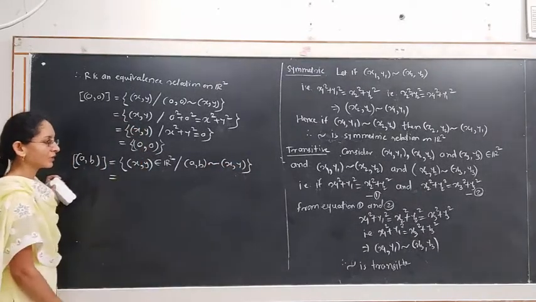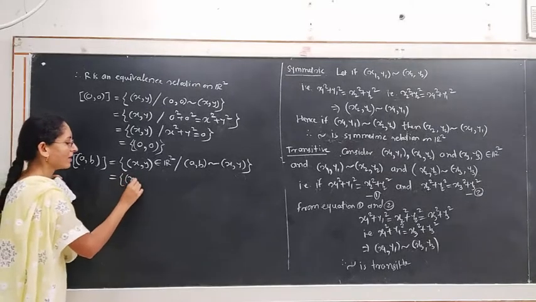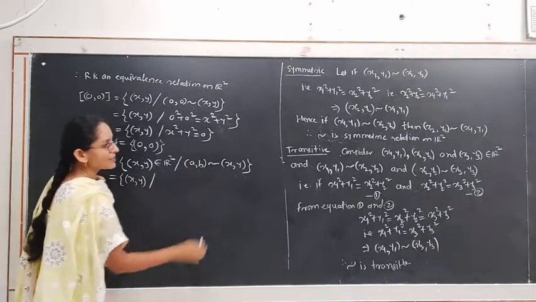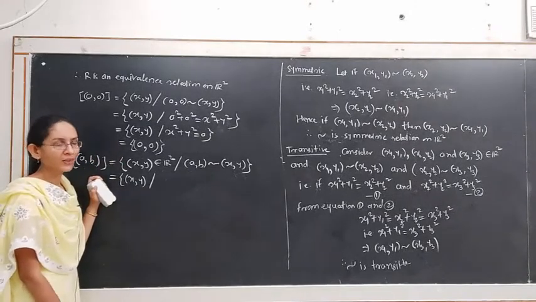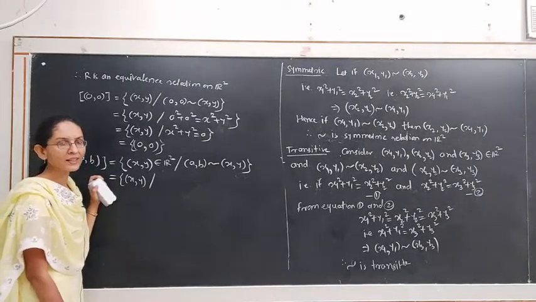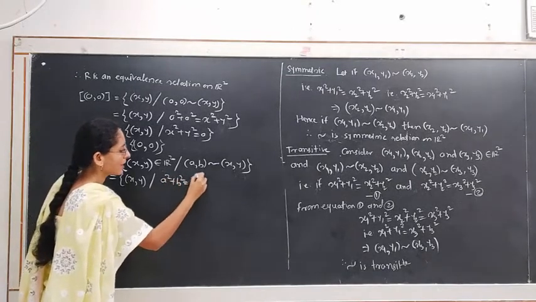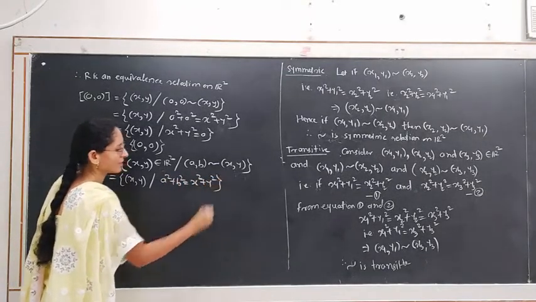This is equal to the set of all ordered pairs (x, y) where these two elements are related if and only if their coordinates satisfy this condition: a square plus b square is equal to x square plus y square.